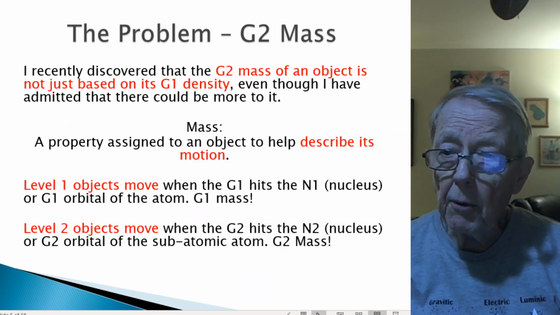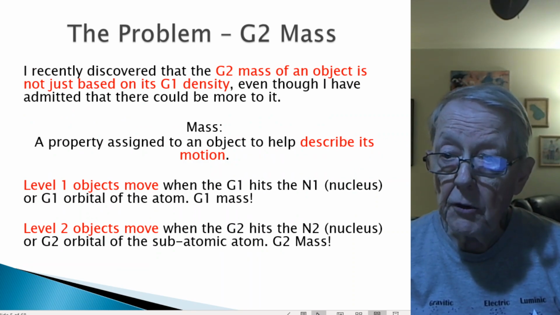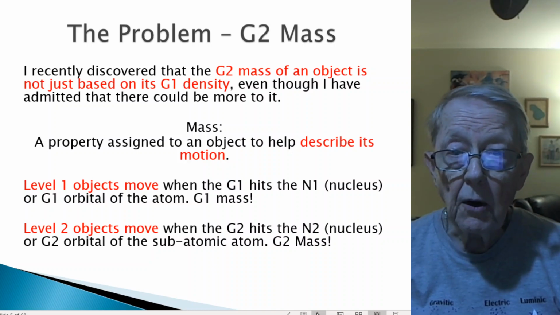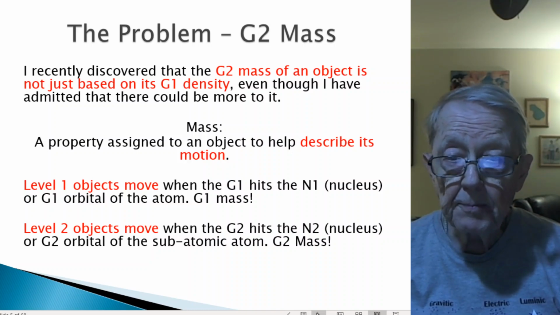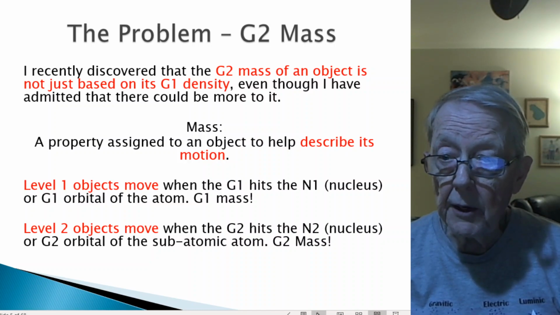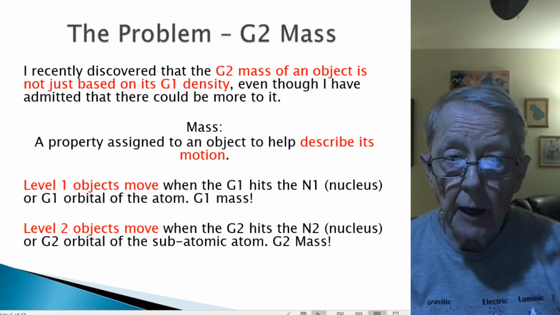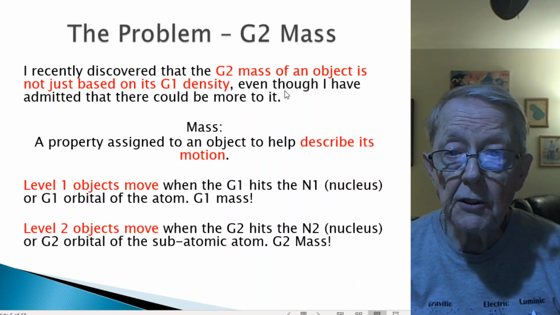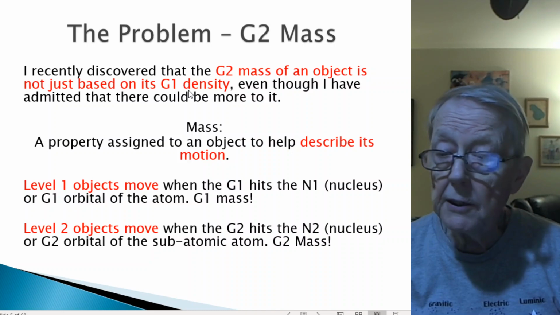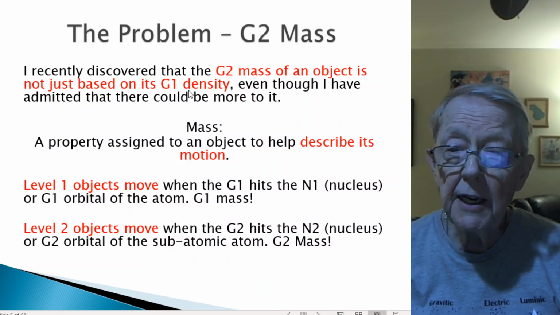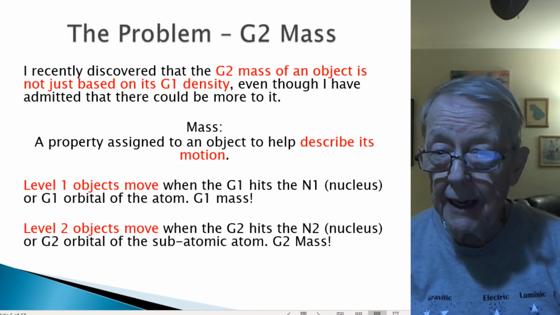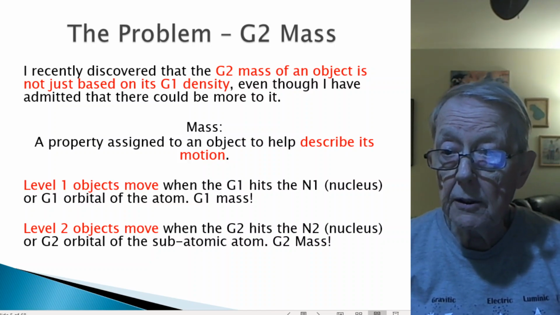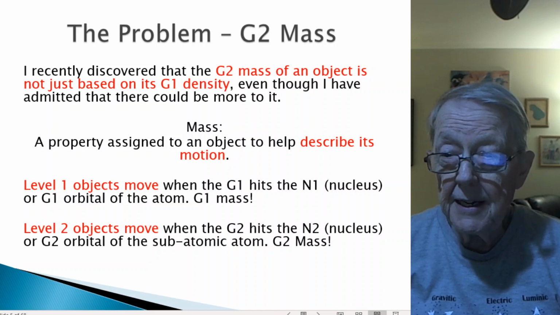Well, here was my problem recently. Dave and I were talking about the double slit, and I actually got some of my drawings wrong, and he pointed that out, so we're straightening that out in our book. Through that discussion, I recently discovered that the G2 mass of an object is not just based on G1 density. I'd been saying that over and over again, even though I'd admitted there could be more to it, because I really didn't understand too much.